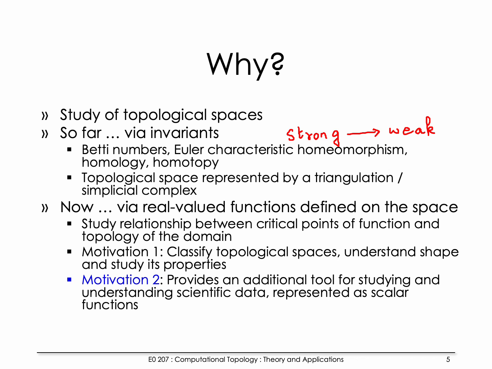So the first motivation is essentially what I said just now, right? Namely, we would like to classify topological spaces. We would like to understand the shape of this topological space and study its properties. And the way we want to do this is by defining functions on top of the space.